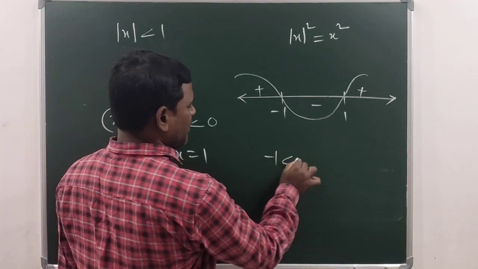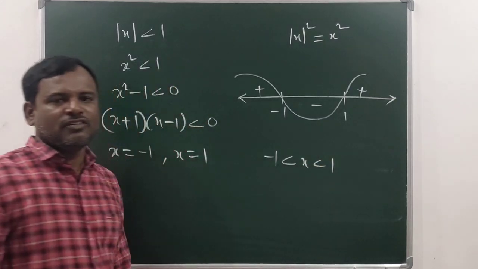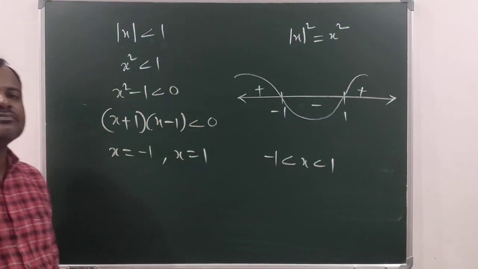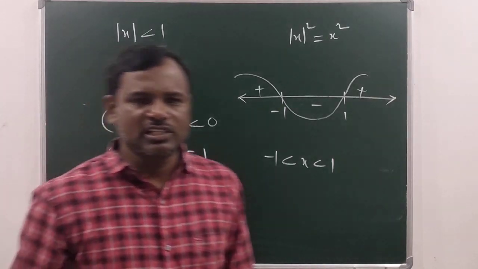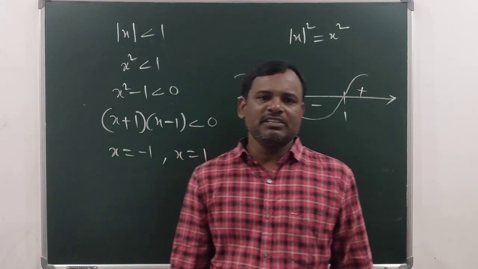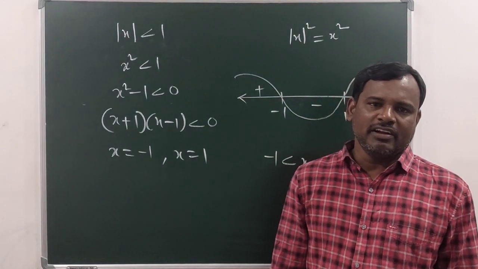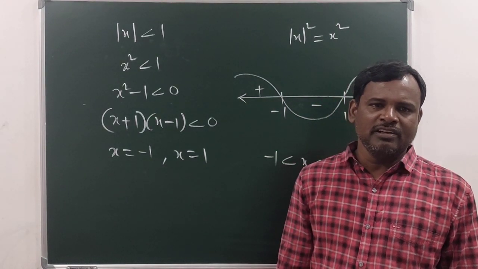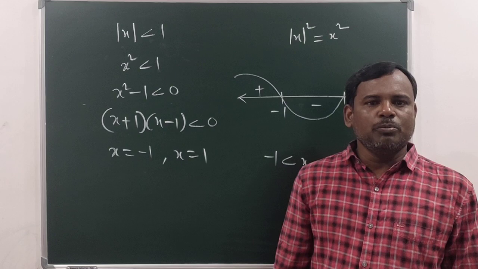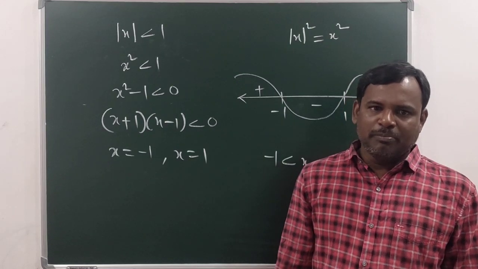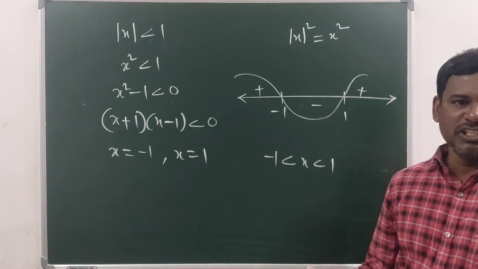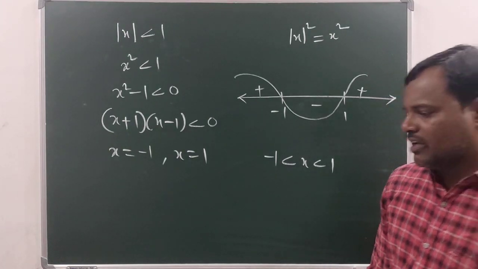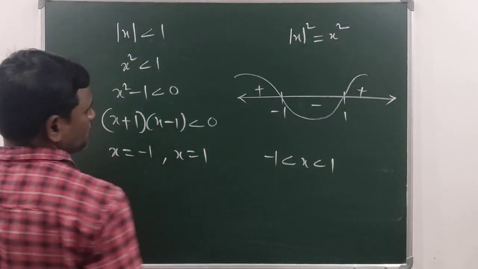So our required interval for x is minus 1 to 1. Okay, I hope you have understood these 4 expansions: (1 + x)^(-1), (1 - x)^(-1), (1 - x)^(-2), and (1 + x)^(-2). If you know these 4 expansion formulas, then we can answer these two questions.